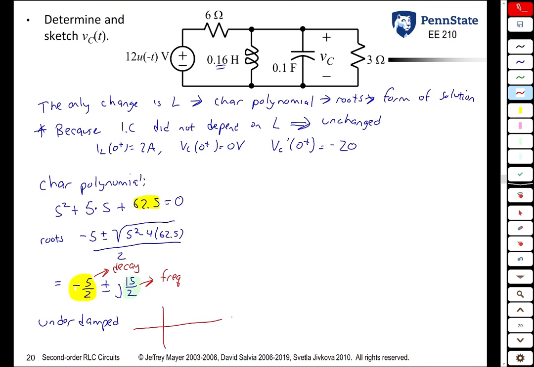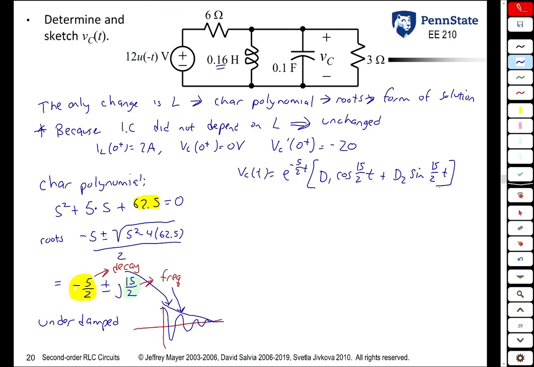So we know we're going to get a situation that looks like that, where the frequency is dictated by the imaginary part, and how quickly the decay happens is dictated by the real part. So we know that vC(t) is going to be e to the minus 5/2 t times d1 cosine 15/2 t plus d2 sine of 15/2 t.